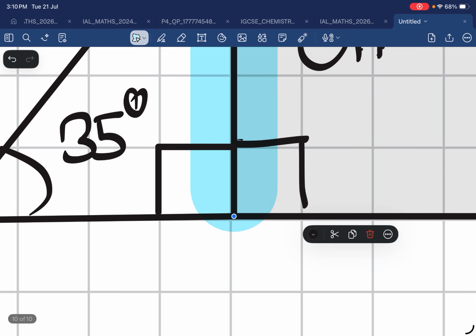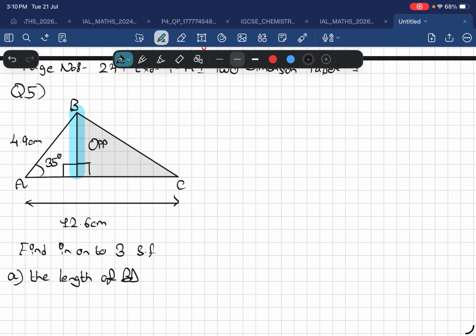Now the question is, why did I make it 90 degrees? In the question it wasn't given that the angle is 90 degrees. So how did I understand that the angle ADB is 90 degrees? Well, by looking at the diagram in the book, you can understand that the angle ADB is 90 degrees.